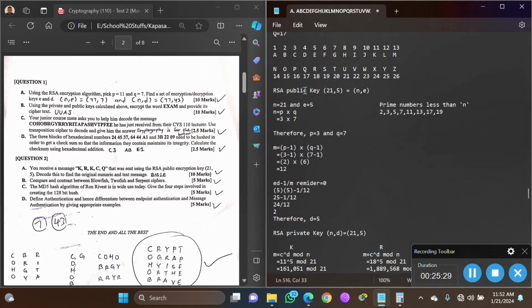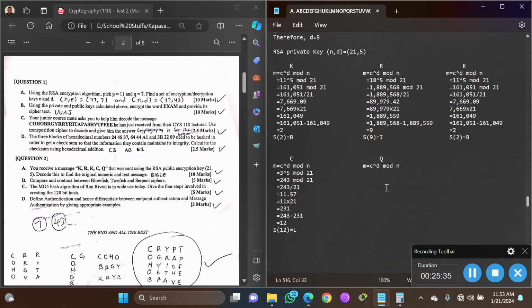As you can see, Q on the alphabet is 17. So we need to say ciphertext, which is 17, power D, which is 5, then mod N, which is 21.